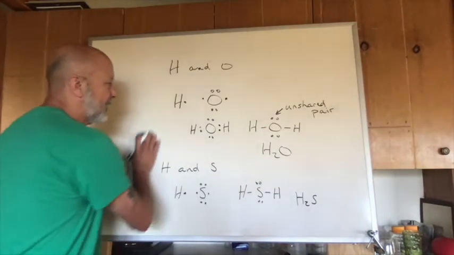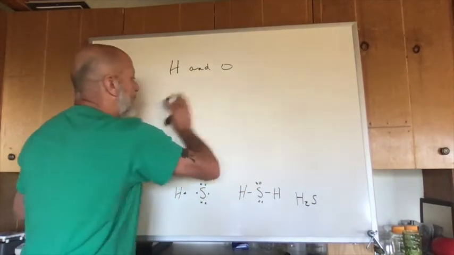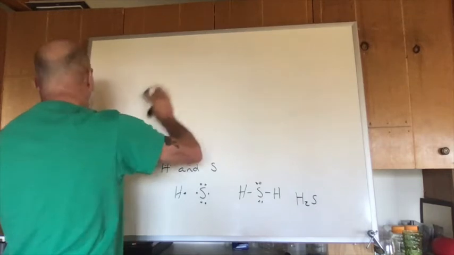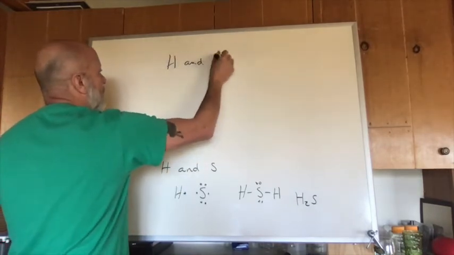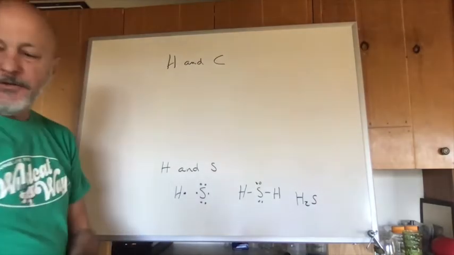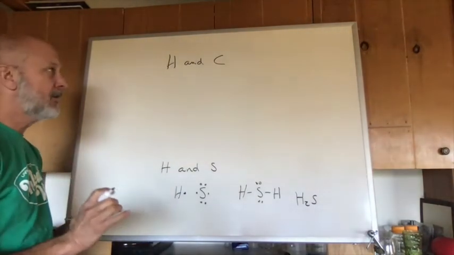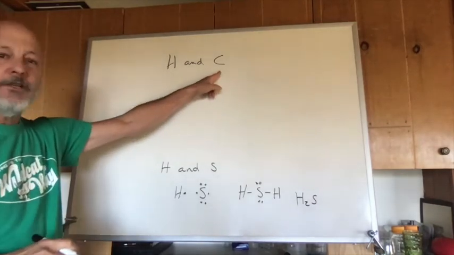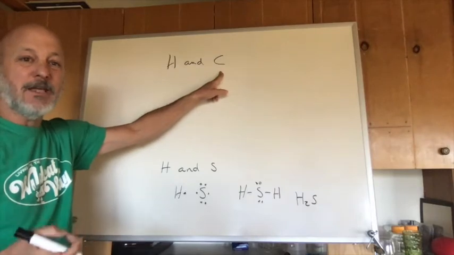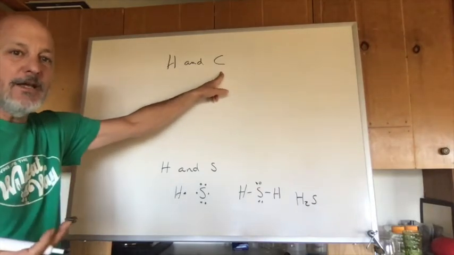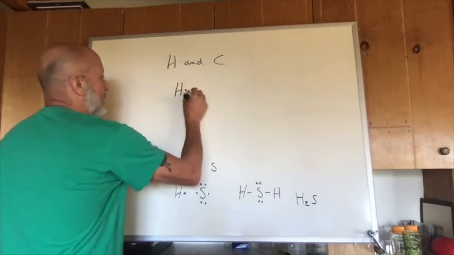Now, let's look at some of the most common compounds. They're called organic compounds. What about hydrogen and carbon? There's a whole topic of organic chemistry that we'll just barely touch on in this class, but carbon is, you could say maybe water is, but really carbon is the atom that builds life, right? So what is so special about carbon? Here's hydrogen.